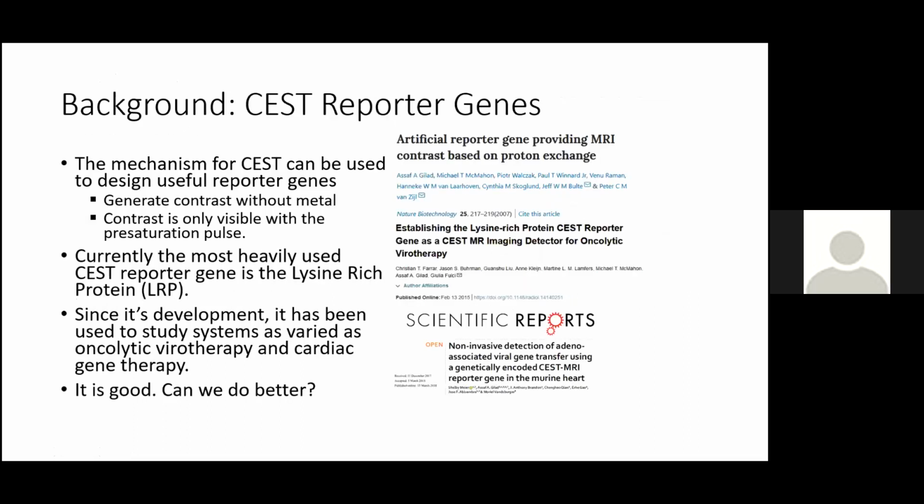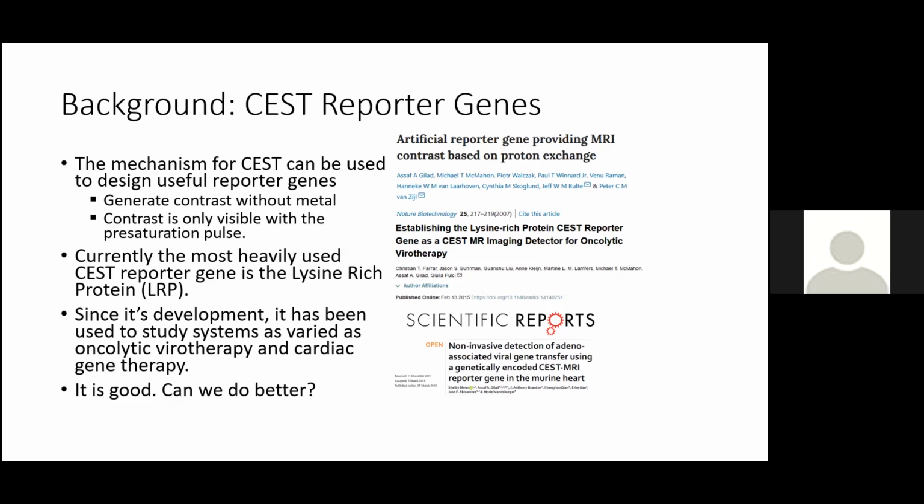The CEST contrast mechanism is useful itself because of its use in reporter genes to our lab. It's very nice for using as reporter genes and tracking different biological processes. MRI is nice for this because you get 3 dimensions, non-invasive imaging amongst different MRI reporter genes.